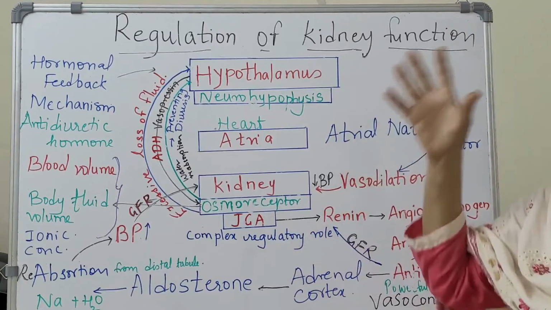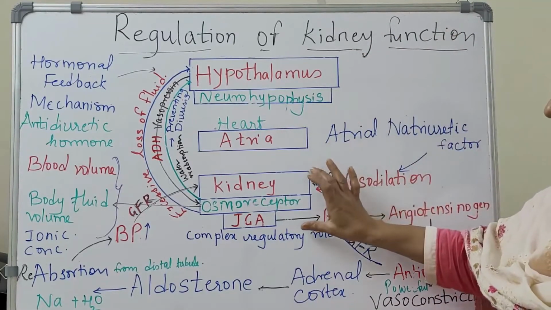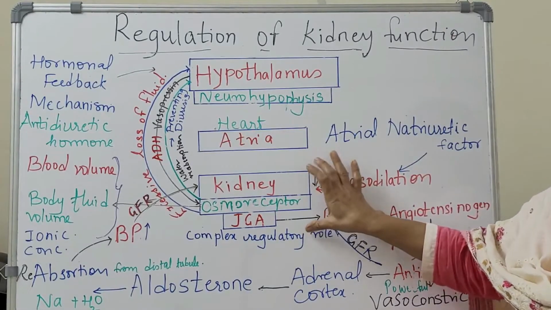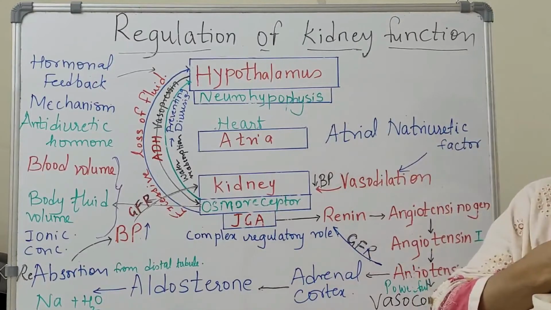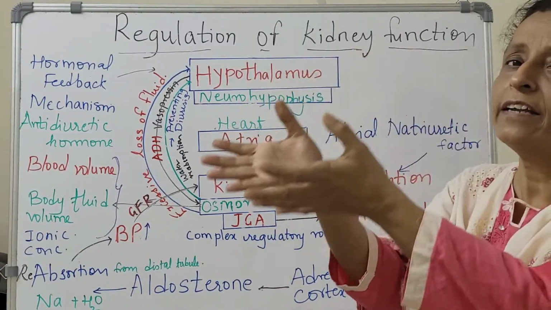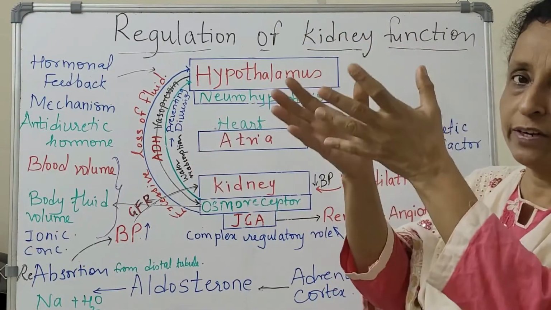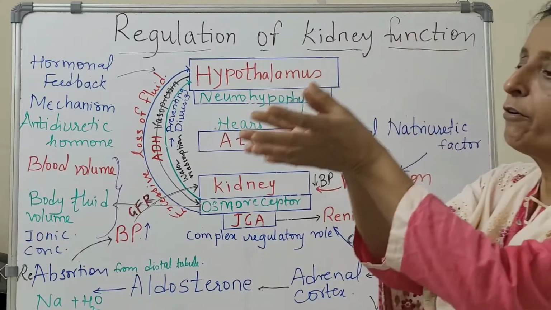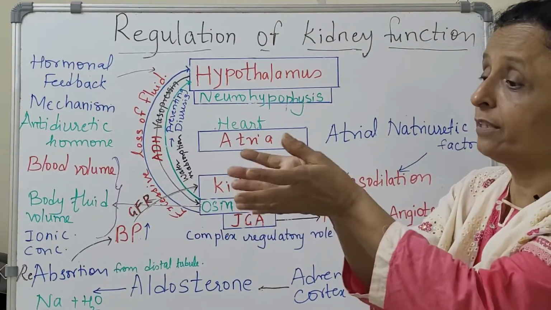Now, in addition to the hypothalamus in the brain and this JGA in the kidney, there's another structure, the heart. Now, when the blood flow in the heart increases through the atria, excess amount of blood is going into the heart through the atria.